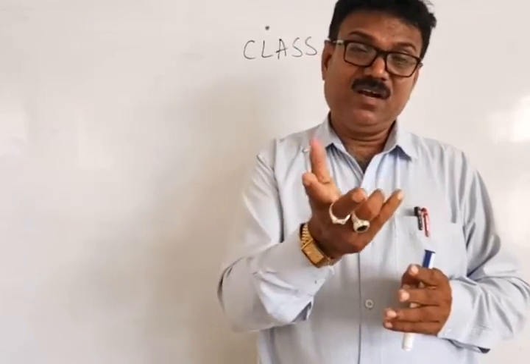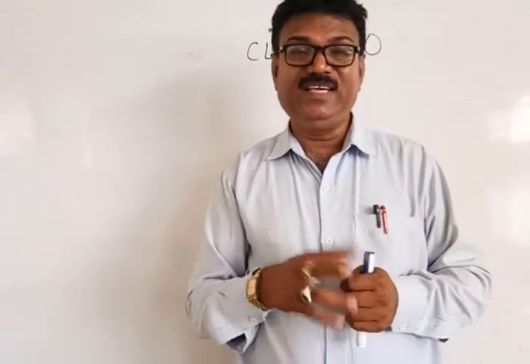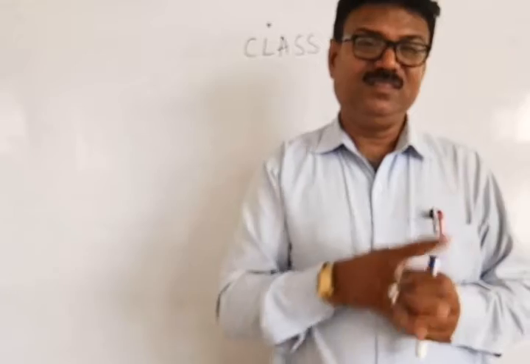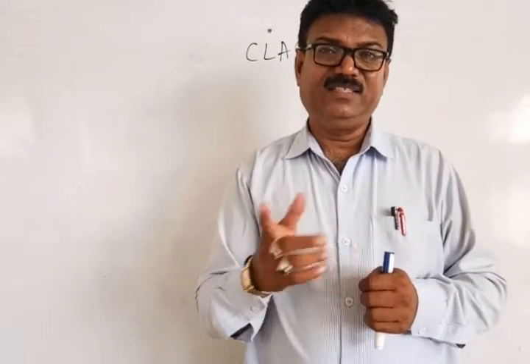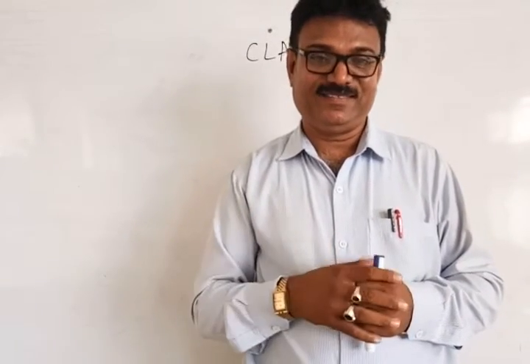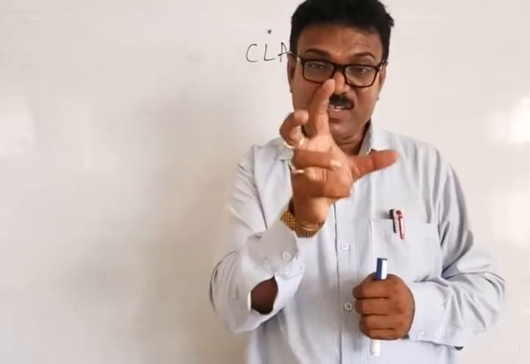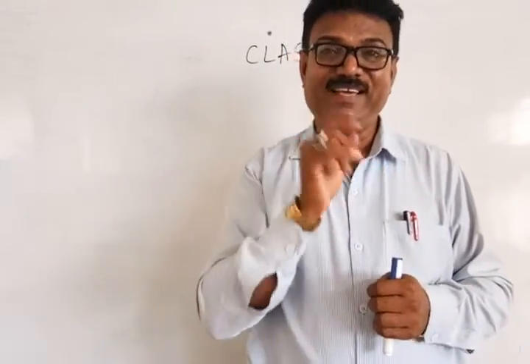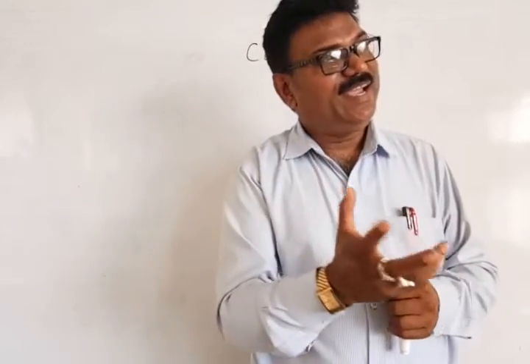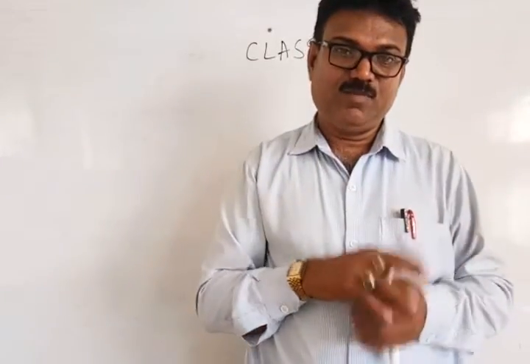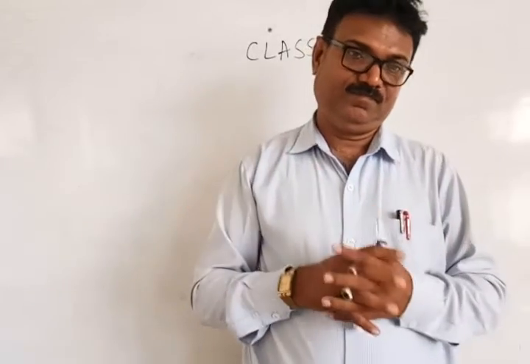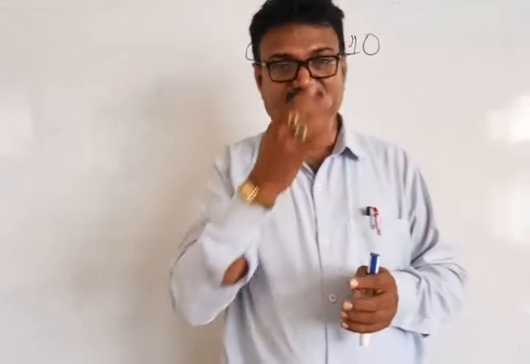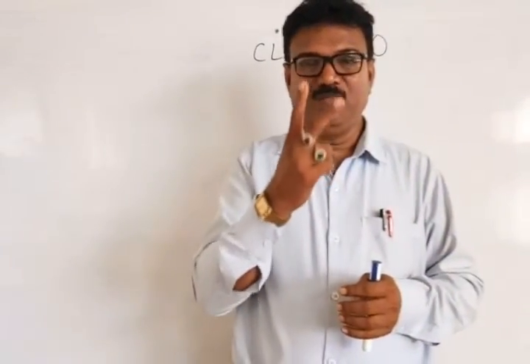So there are two results. One is may happen and the second one is may not happen. For this in English a word is there: probably. Probably it may rain. Probably it may not rain. Did you understand? There are two important results.